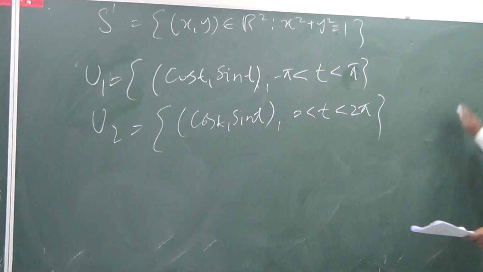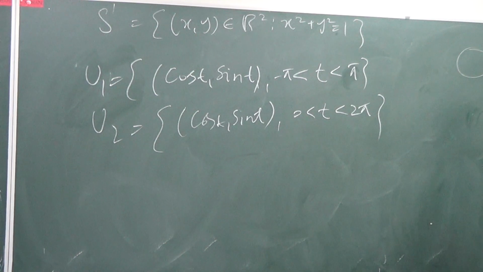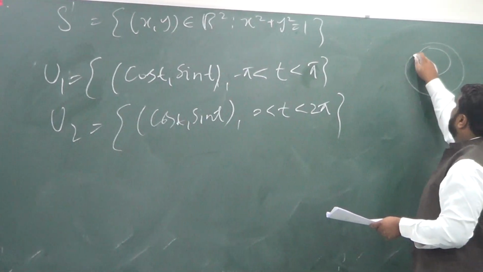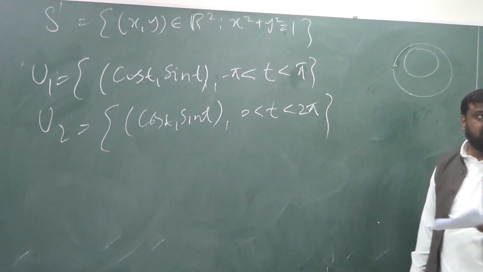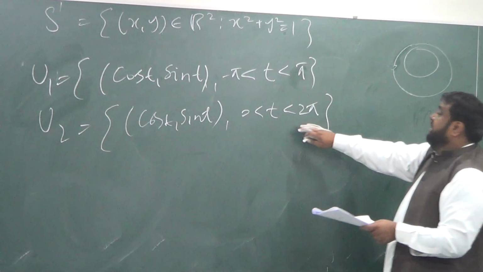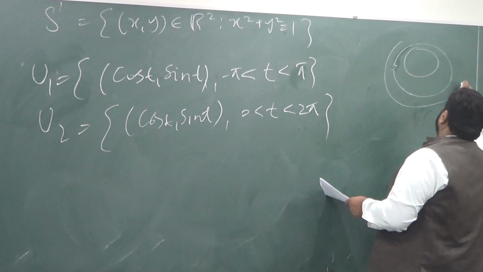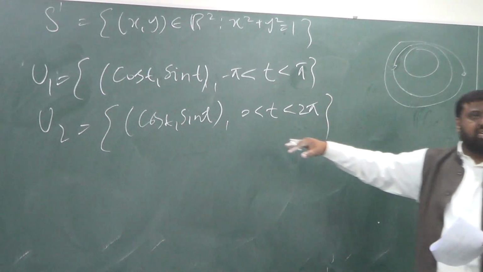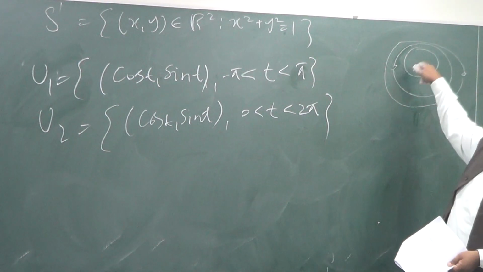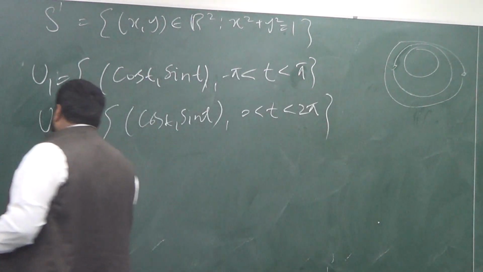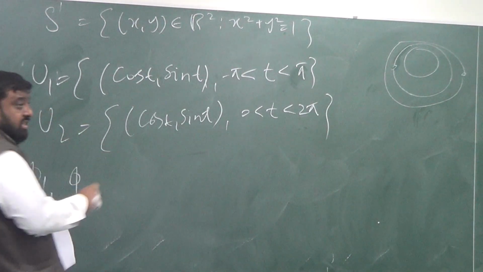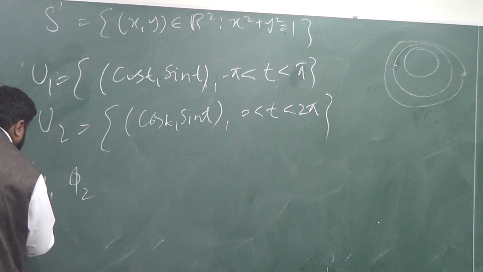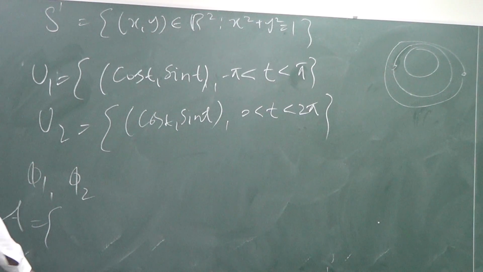So I have a circle. U1 covers everything except one point of the circle, and U2 covers everything except another point. If I combine them both, they cover your S1. We also defined phi 1 and phi 2, and proved their smoothness. So for the circle, I have this atlas.